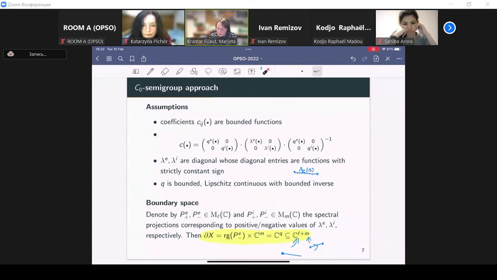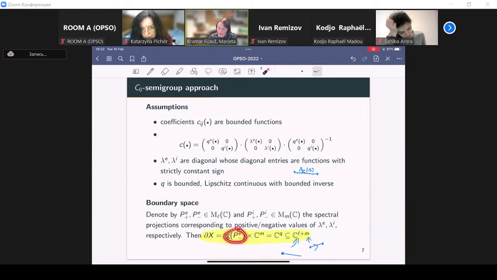While for the non-compact part, you would need a condition if you have a flow going like this. But if you have a flow incoming here, then you must not prescribe any condition here. So you only need as many boundary conditions as you have outgoing flows, and this coincides with the number of negative values of lambda.